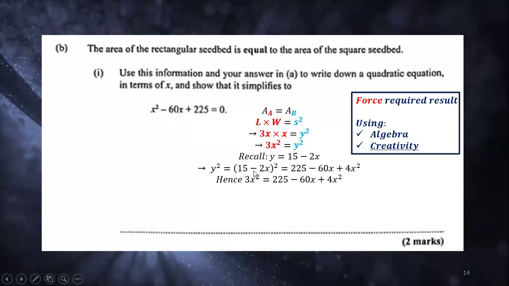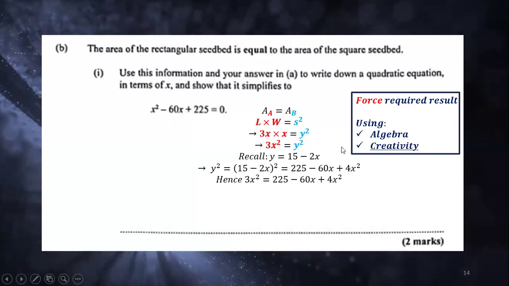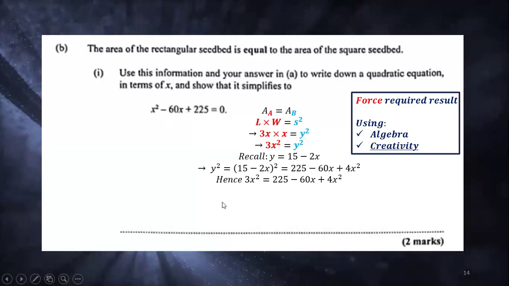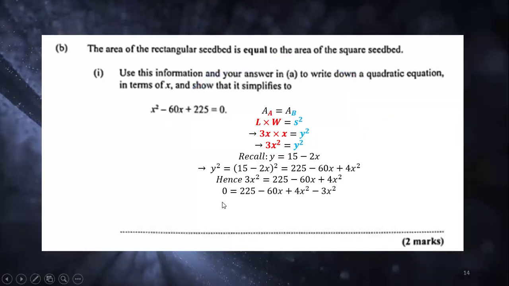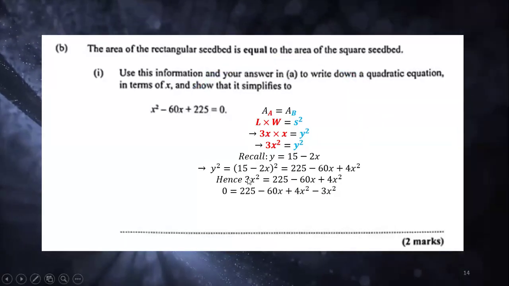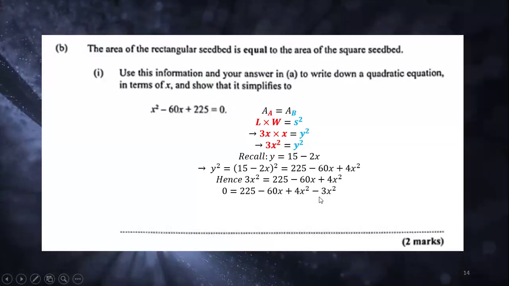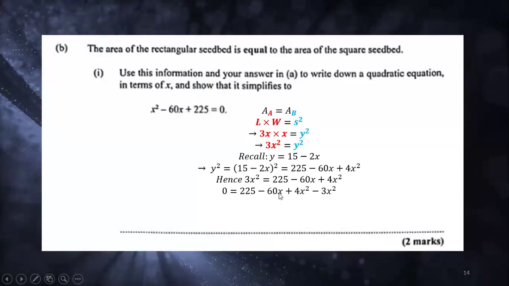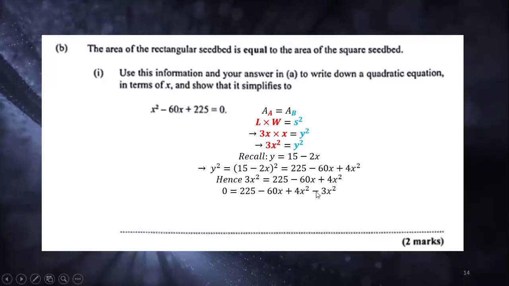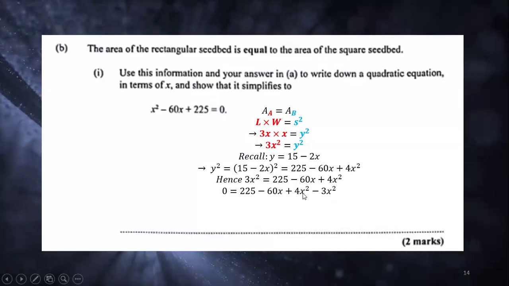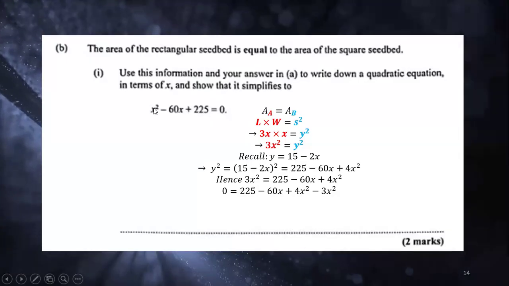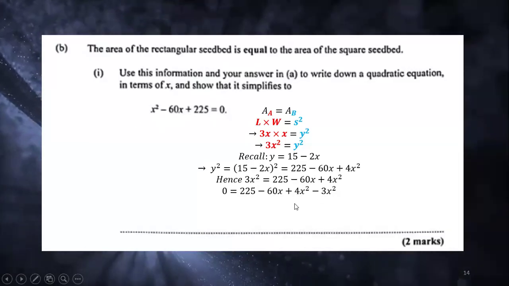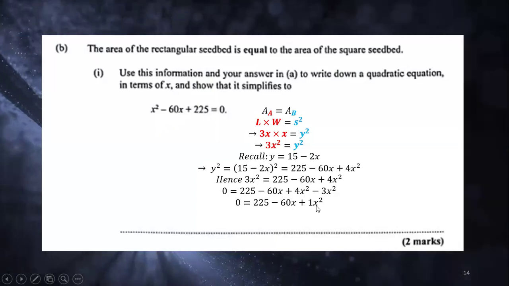But if I take this 3x squared and put it over on this side, I will be able to take them away. On this side it will give me negative 3x squared. So 225 take away 60x plus 4x squared take away 3x squared. This kind of looks similar to this. I'm getting closer. 4x squared take away 3x squared will give me 1x squared.